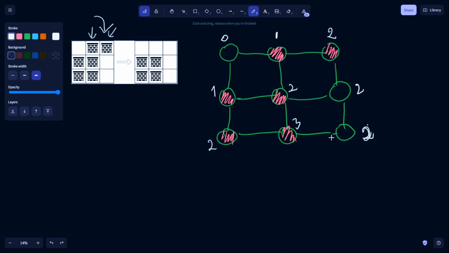So you don't do that anyway, because this has already its shortest distance, or the minimum cost. So basically we're done. We now have the minimum number of obstacle removals to reach every other point from the source, the top left corner. And we need only this one, since we need to find the bottom right corner. So it is 2. So in this case, the answer is 2.